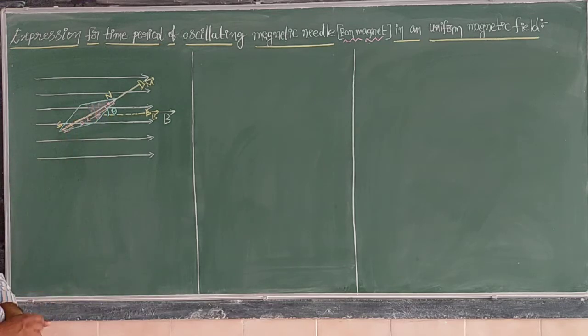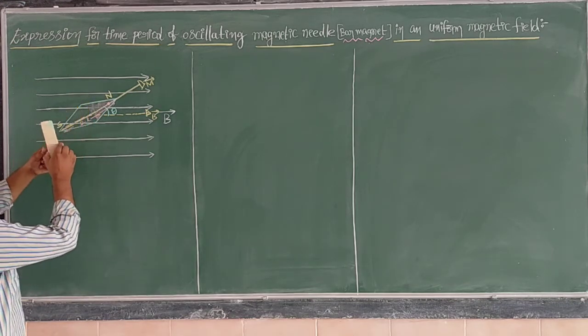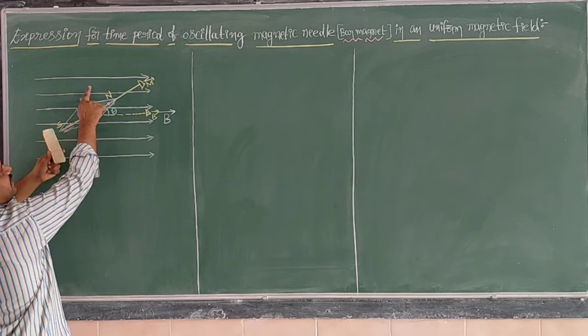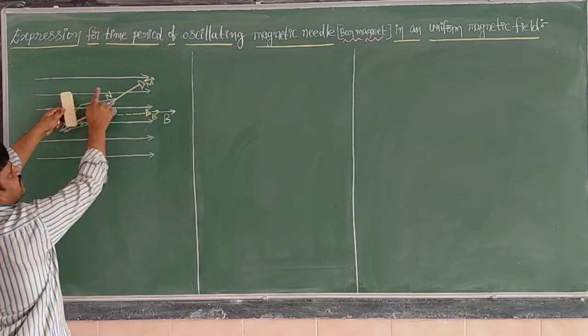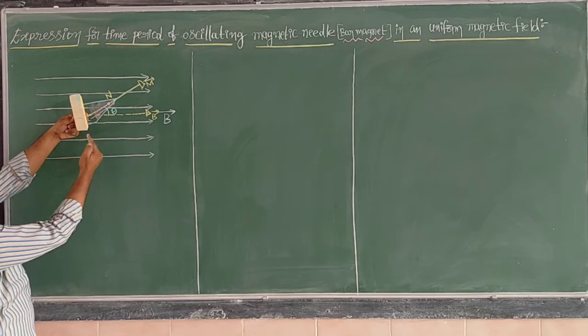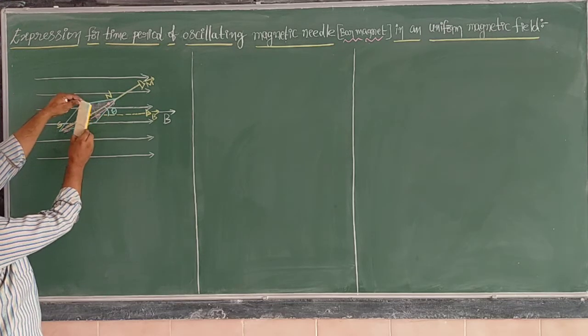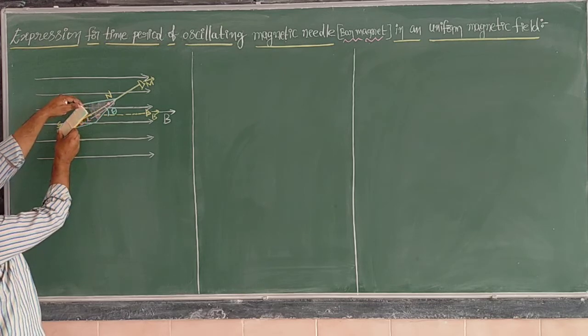Now, whenever the magnetic needle is placed in the magnetic field like this, the north pole experiences a force in this direction, the south pole experiences a force in this direction. As a result, it is going to deflect, turn like this.